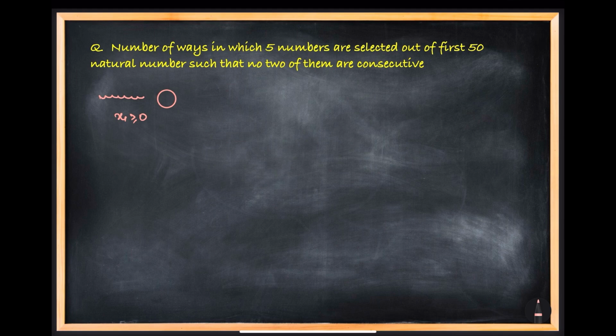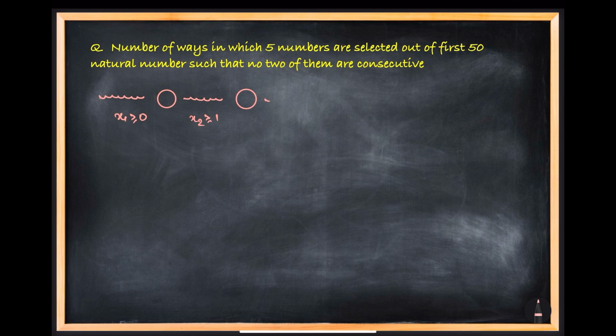Now after the first number and before the second number, suppose the number of numbers is x2. It has to be greater than or equal to 1, because you cannot take consecutive numbers. Okay, so it is like distribution of identical objects.